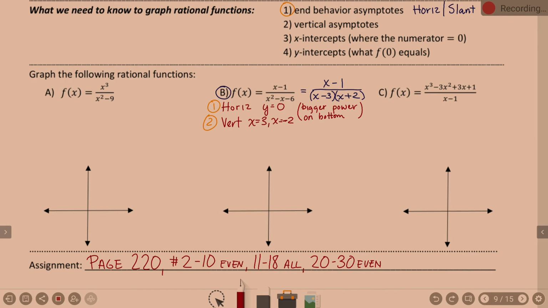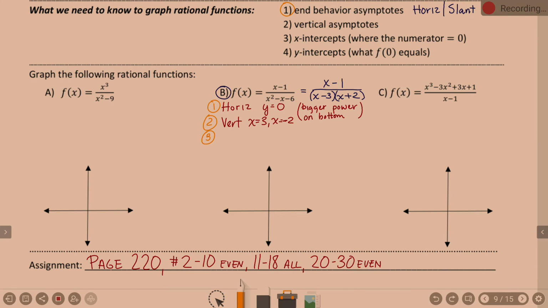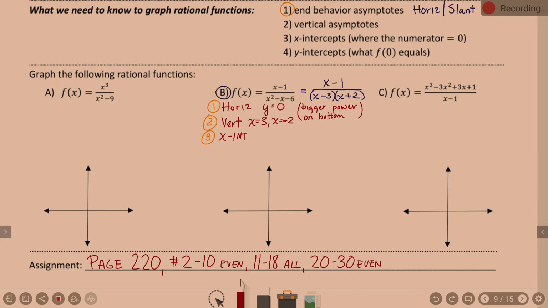Step 3, one of my intercepts. Which one did I have? The x-intercept. Now, I gave you some hints up there, but x-intercepts happen when? Not when x is 0, but when y is 0. When does a fraction equal 0?